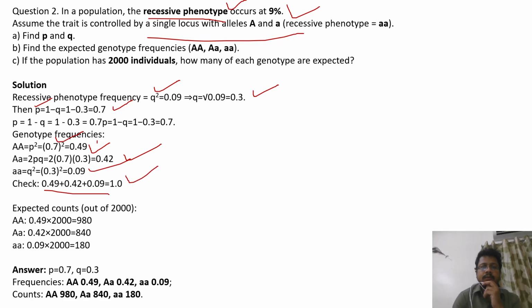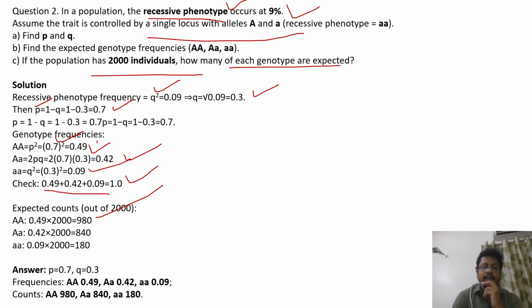The population has 2000 individuals. So how many of each genotype are expected? Because dominant homozygous frequency is 0.49 and the individuals are 2000, we can expect 980 individuals of dominant homozygous genotype.